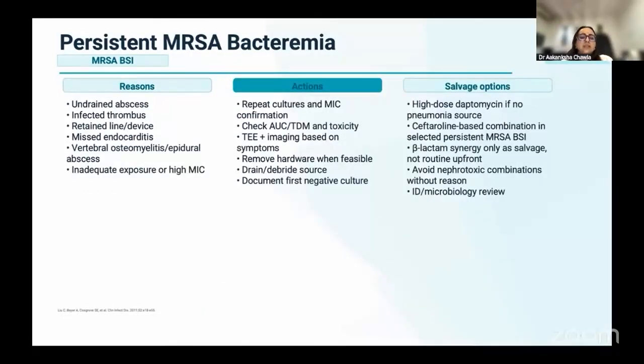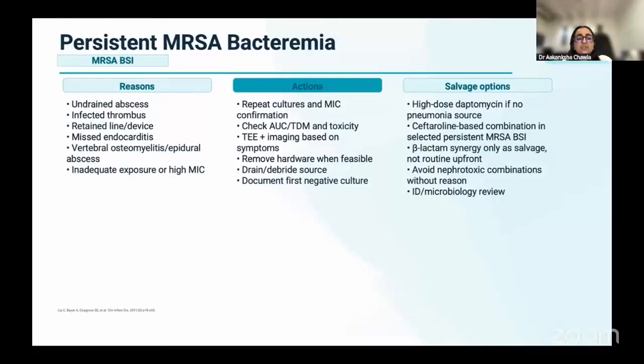What could be the reason if your patient still continues to have persistent MRSA bacteremia? It can be because of an undrained abscess, infected thrombus, a retained line or device. So, unless you actively rule out the sources and achieve adequate control, you will not get the desired outcome. Your patient will be persistently symptomatic.